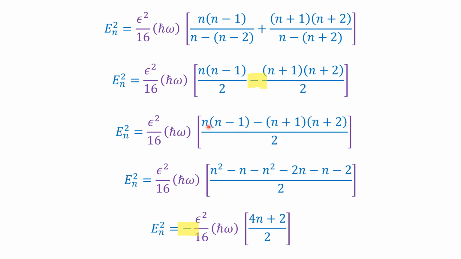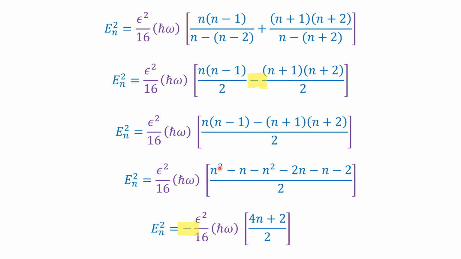Just multiply. This is n squared minus n. Here, n squared, 2n minus 2n. Remember that here is a minus. So minus 2n. Then 1 into n here, minus, so that will become minus n. And minus 1 into 2, minus 2.